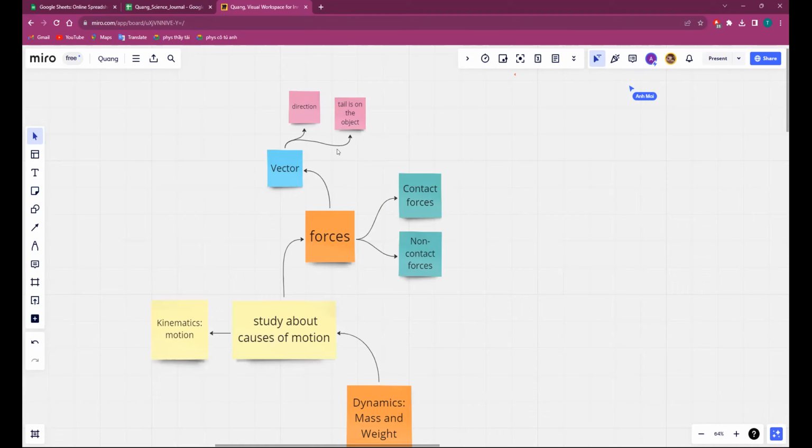If you want to demonstrate a 5 Newton force vector, it depends on how big the force is. Do you remember the keyword to demonstrate how big a vector is? The magnitude. That's right.